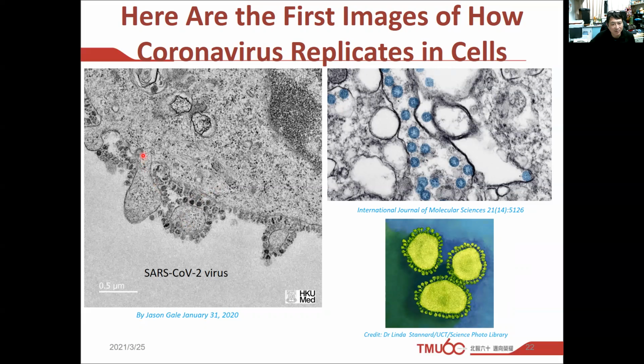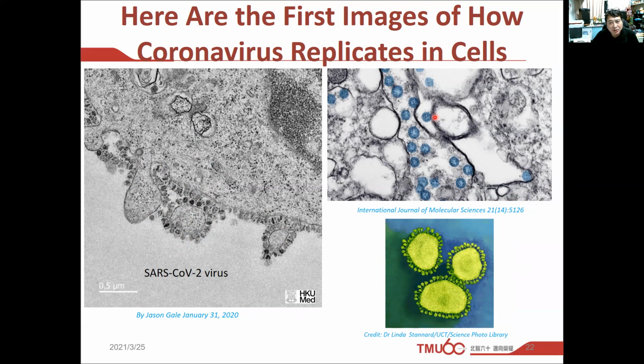You can see some viruses use exocytosis with fusion of the cell membrane and virus membrane, budding out to the host cells. Here you can see very clearly a lot of spikes surrounding the body of the virus.